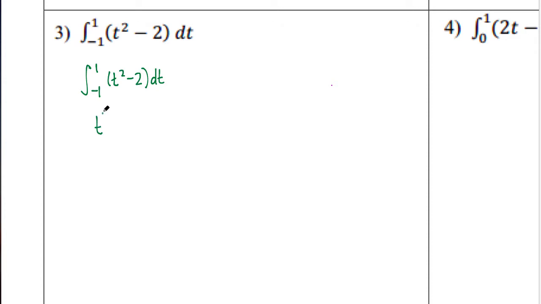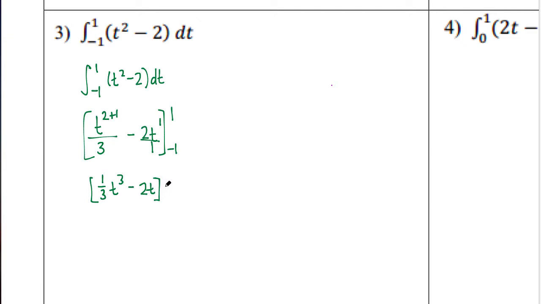So t squared, we're going to go t to the 2 plus 1, that's 3, and then we're going to divide by 3, minus, again we have no t, which means it's t to the 0 right now, so we raise that to t to the 1, and we divide by 1, and then we are evaluating this from -1 to 1. Let me clean this up a little bit. We have 1/3 t cubed minus 2t, and then we're evaluating from -1 to 1.